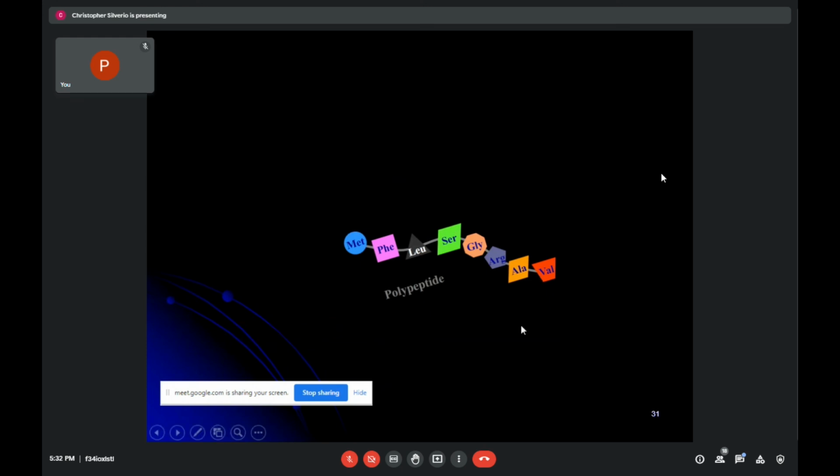And then this is now the polypeptide. Where do you think this polypeptide will go after it has been synthesized? Where do you think it will go? Anyone? Michaela?